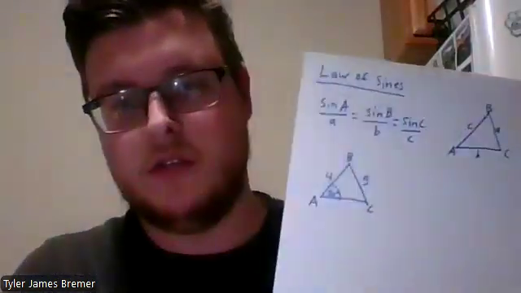Okay, side a will be 5, and side c will be 4. Okay. So you'll set up sine A, because you have angle A and you have side a. So that will be your complete part of it.